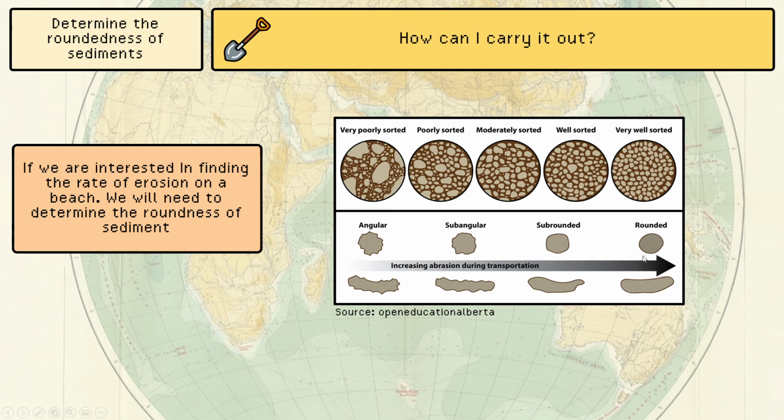So as the sediment becomes more rounded, this tells us that there is a lot of abrasion happening during the transportation process. As we know, abrasion is also a form of erosion. A way in which things can be eroded is through abrasion. So this can also inform us about the process of erosion that's happening at a particular site.